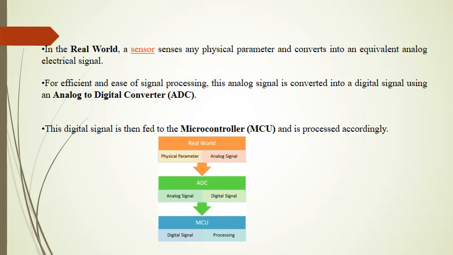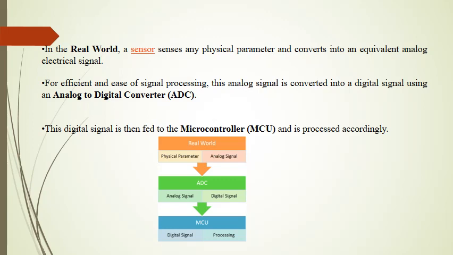Now the problem is, as we all know, that a microcontroller is capable of handling only digital values, and the output of the sensor is an analog value. So before processing, that analog data has to be converted into digital data, and then fed to the microcontroller so that it can act accordingly.